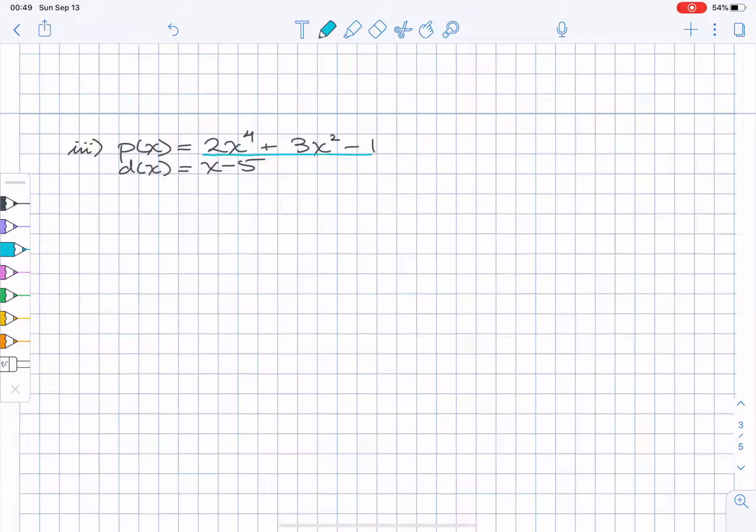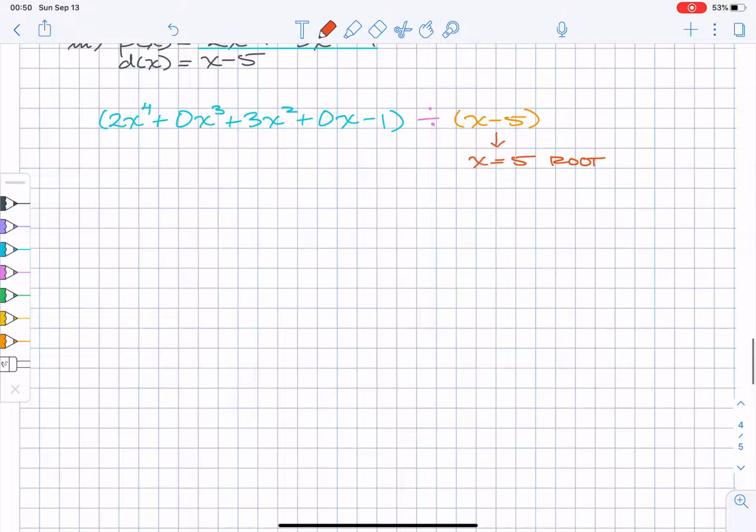Once again, we've got 2x to the 4th plus 0x cubed plus 3x squared plus 0x to the first minus 1, which we are dividing by the divisor, x minus 5. So what is the root in this case? The root is going to be x equals 5. So that's what I'm going to put on the outside of my synthetic division, the 5, the root.